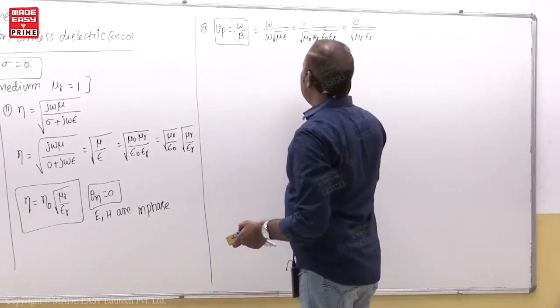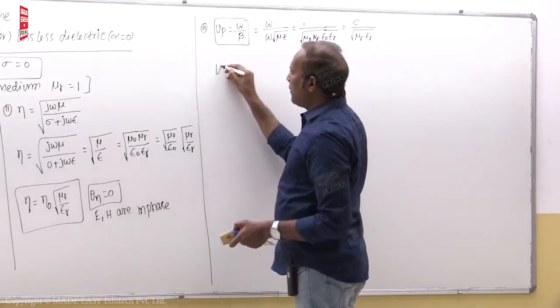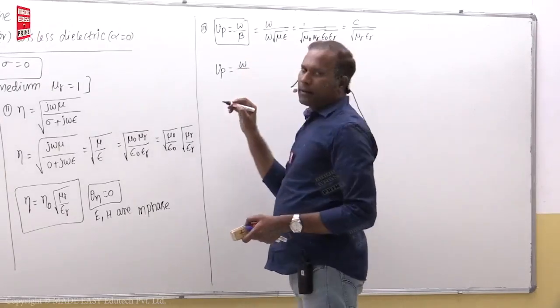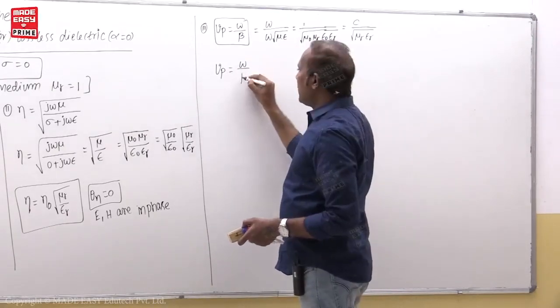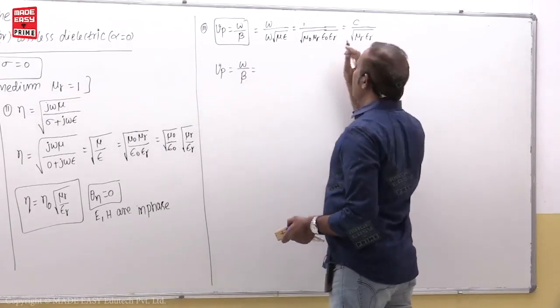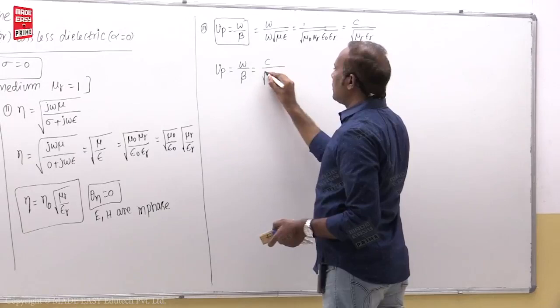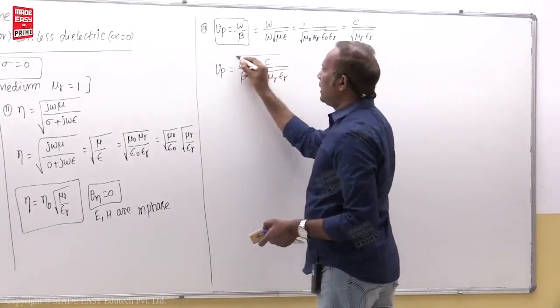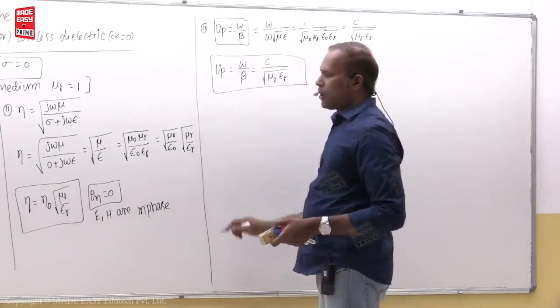Ultimately, students, this is a very important formula. Listen carefully. Phase velocity is equal to omega by beta. This is the general formula. But after doing the derivation, you got c by root mu r epsilon r for a dielectric medium. This is a very important formula.